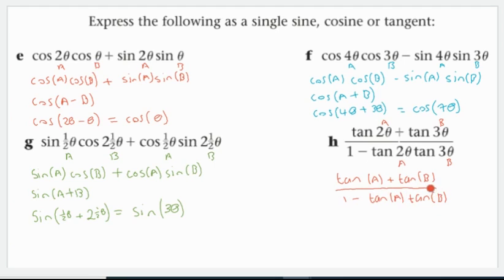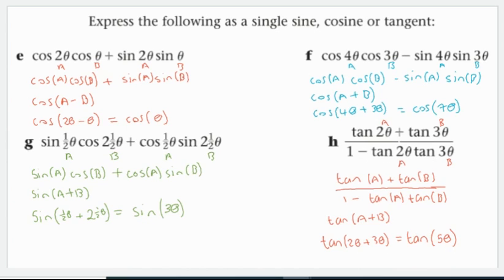And this is the expansion for tan of a plus b. A was equal to 2 theta, so that's tan of 2 theta. B was equal to 3 theta, so this becomes tan of 5 theta.